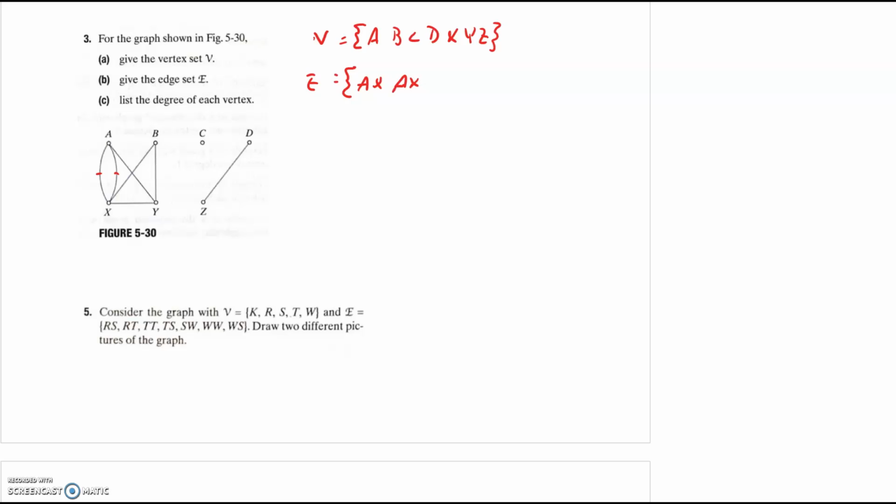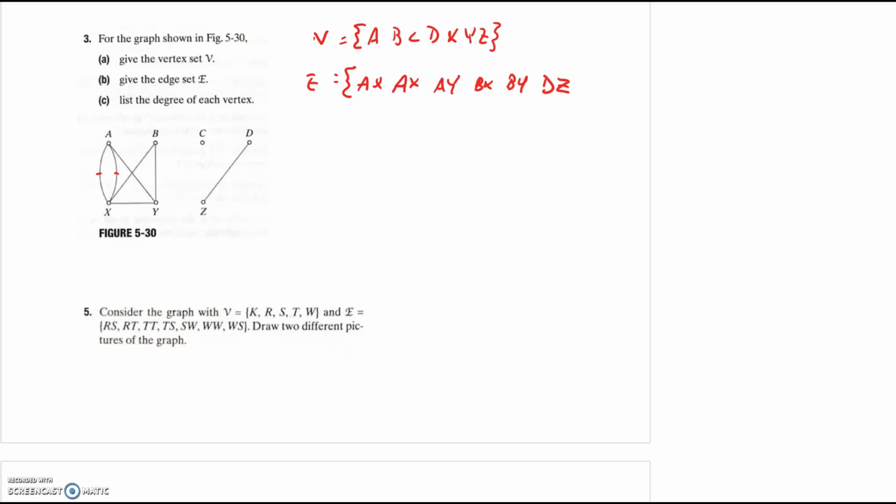Then I see AY. Now on to vertex B, I see BX, and I see BY. On to vertex C, there is none. Vertex D, I go from D to Z.